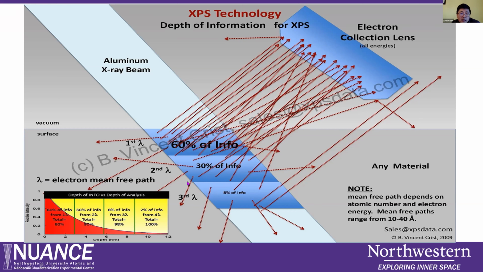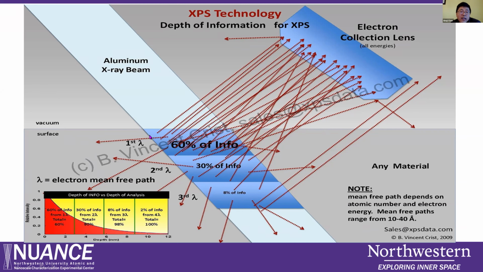That means if each lambda is 3 nanometers, then within 9 nanometers you have 98% of the information coming from this layer. Below, like, 10 nanometers, there is almost nothing. Electrons cannot come out because they lost energy. So XPS is really a top layer technique.